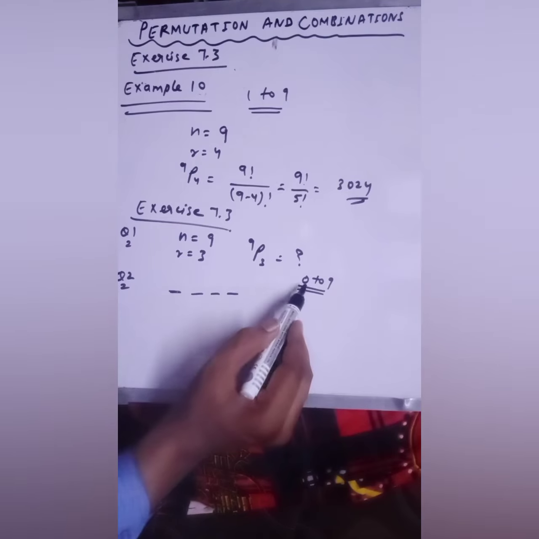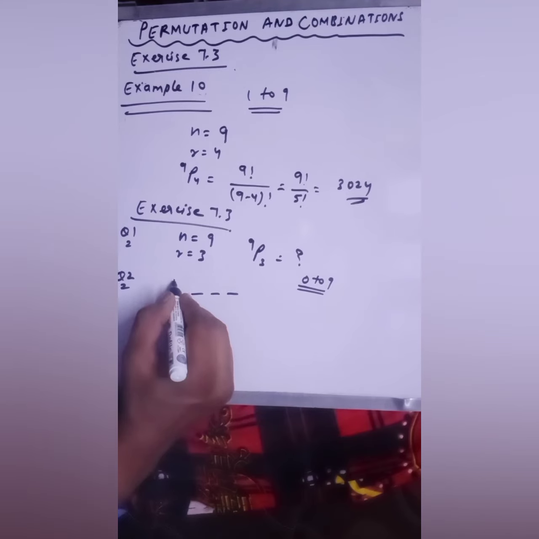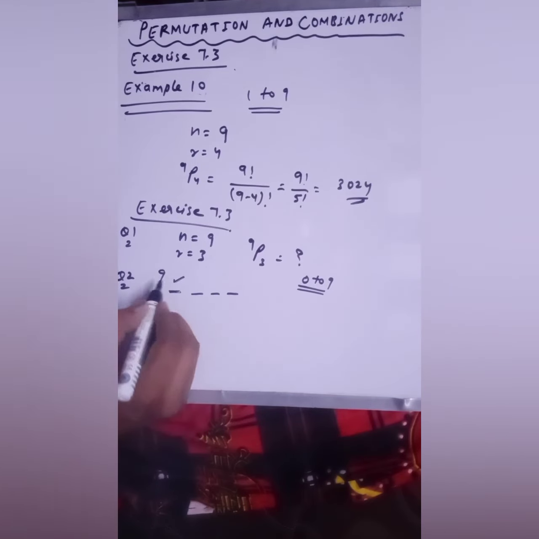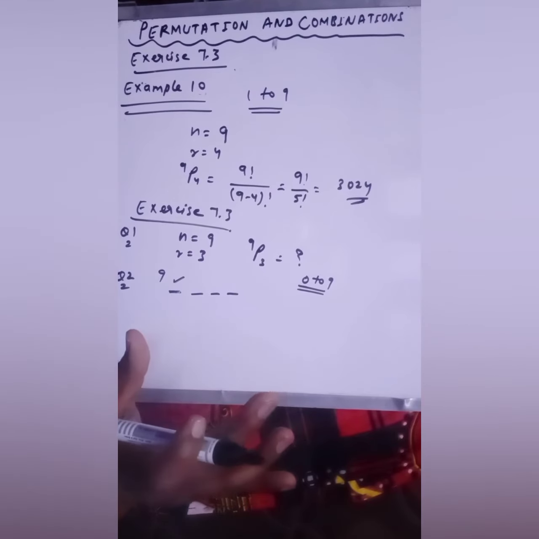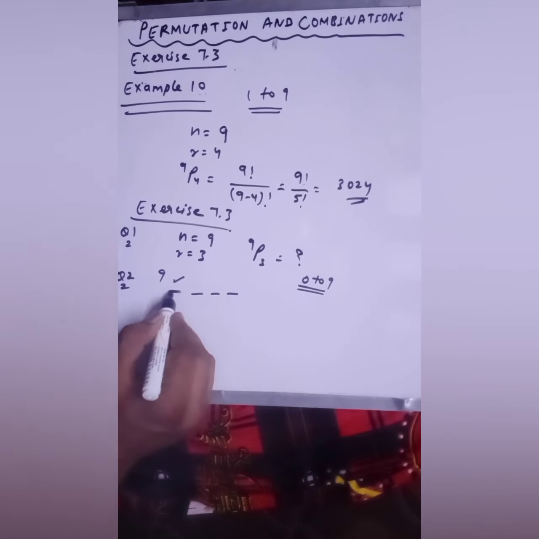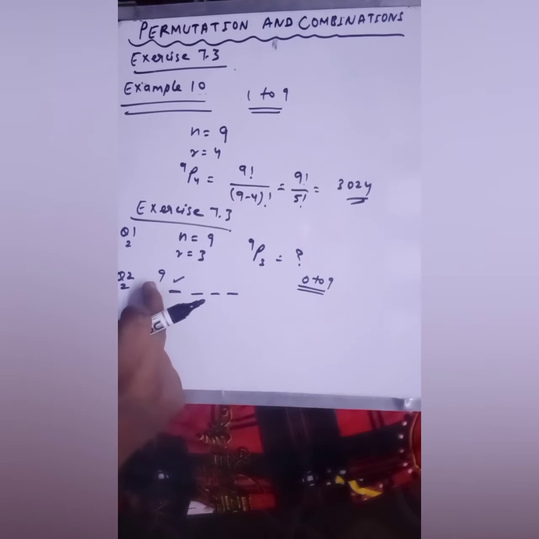This place you cannot fill with 0, so at this place you have 9 choices. At least one of the digits from 1 to 9 will occupy this place.